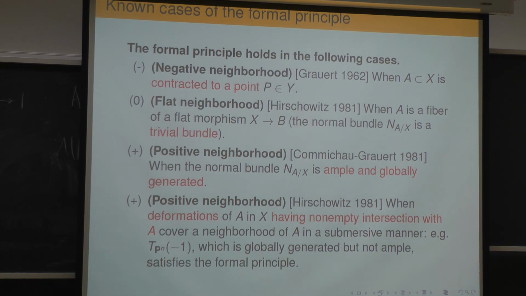This is unknown. There's no way to deduce this. There's no counterexample, but the nature of the problem is very strange. It's not really linear. It's a very non-linear problem.